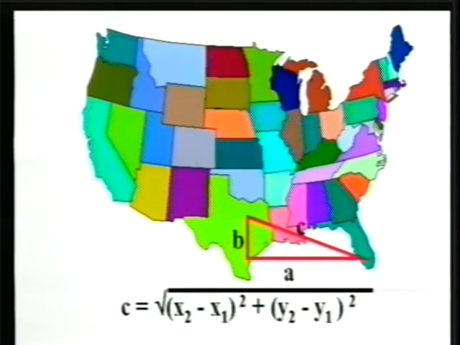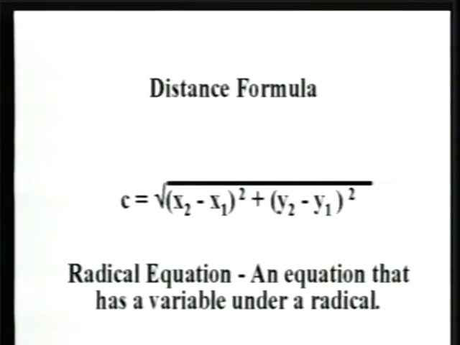We find that we can take the square root of x2 minus x1 squared plus y2 minus y1 squared to find c, since c squared was the absolute value of x2 minus x1 squared plus y2 minus y1 squared. Now, that gives us what's called the distance formula.